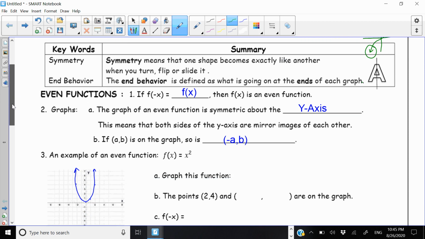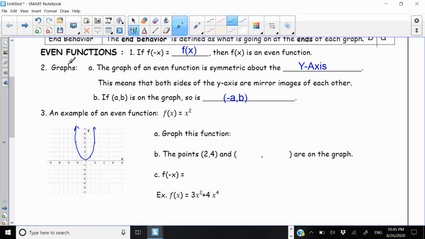Now let's go to the topic over here, even functions. If a function f of x is equal to f of negative x, then we say f of x is an even function. Before going to the detail of this part, let's see what the graph of an even function looks like.